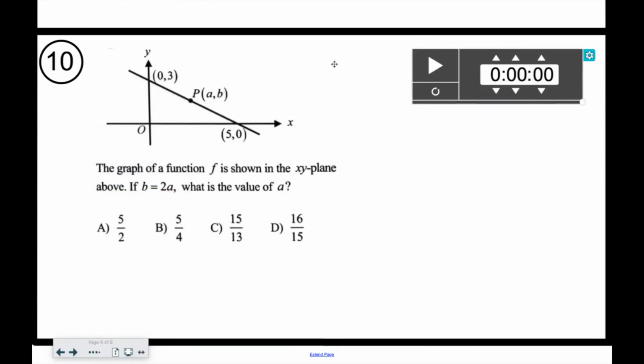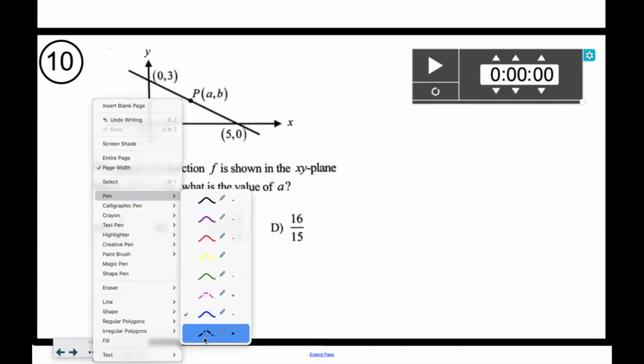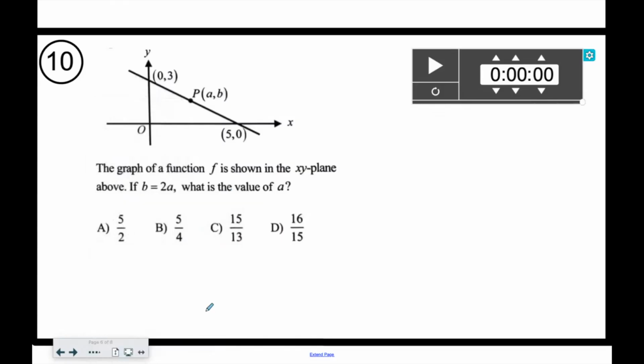Okay. There's a couple different ways to do this. The first thing we're going to have to do is come up with the equation of the line. I did not use Desmos, but you could. Even though they didn't give us a table, they did give us 2 points. So if you use a table with these 2 points, you could just find the equation of the line.